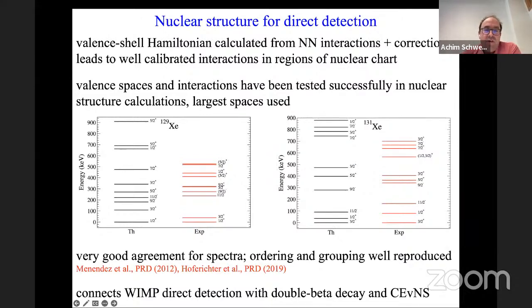So this is, for nuclear physics, a pretty good agreement for the spectra. And as I said, all this region is of course very interesting, because beyond WIMP direct detection, there is lots of double beta decay physics and CEvNS physics going on for these target nuclei.